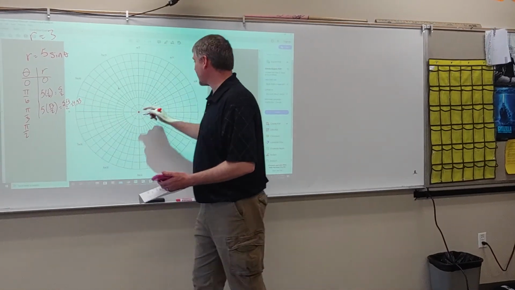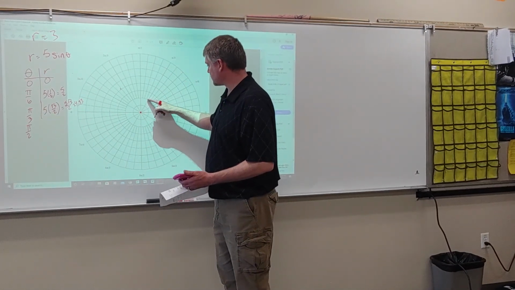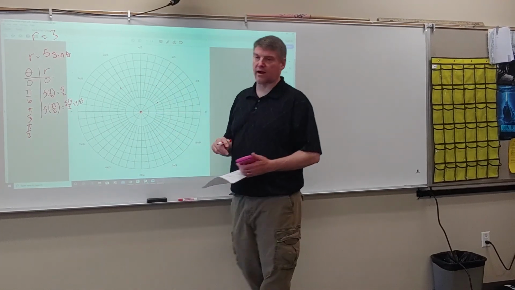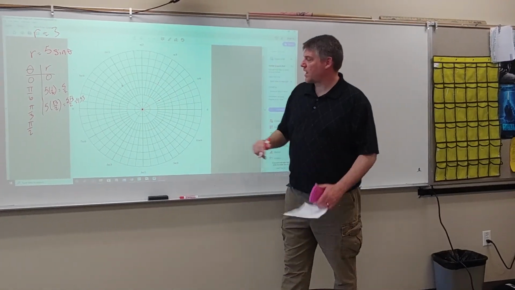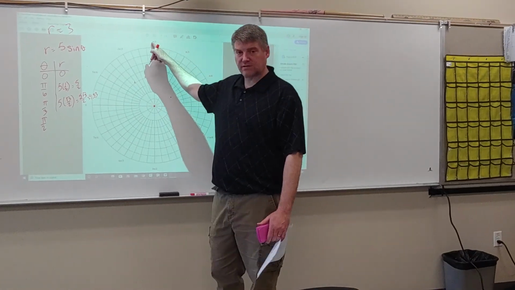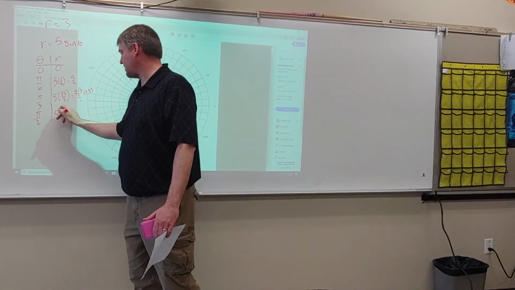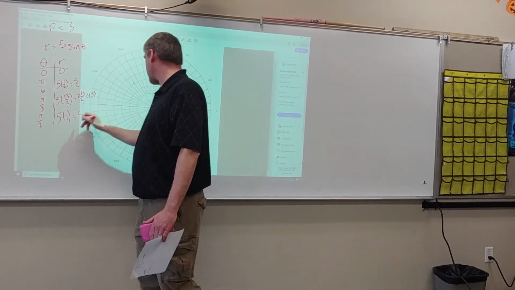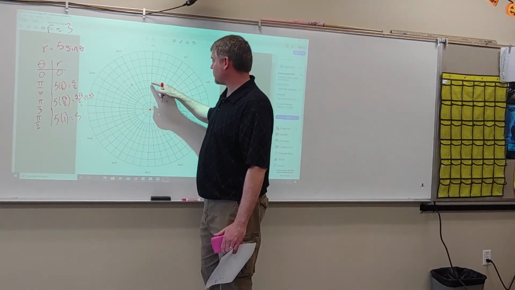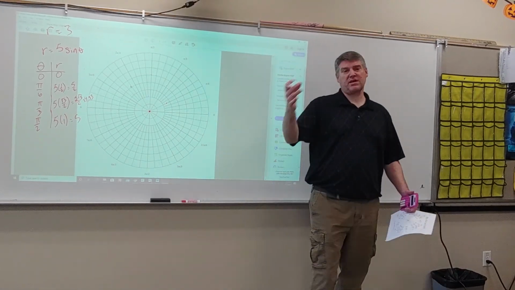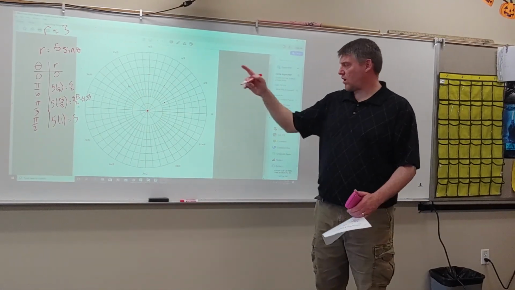So I'm going to have to guesstimate 1, 2, 3, 4, probably about there. Now, if I put in pi over 2, sine is 1, so this becomes 5 times 1, which is 5. 1, 2, 3, 4, 5. Here it is.